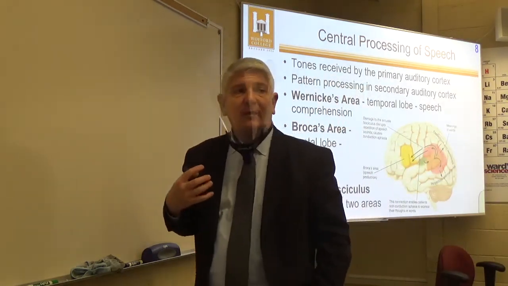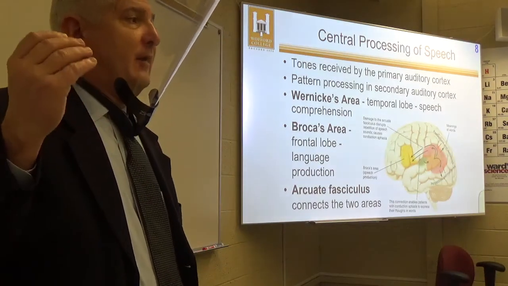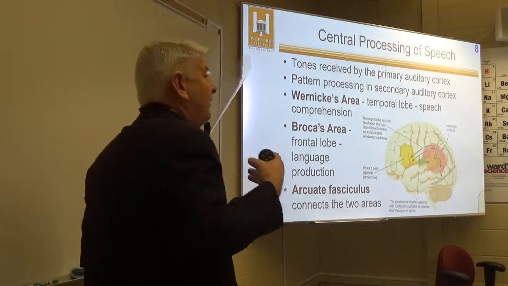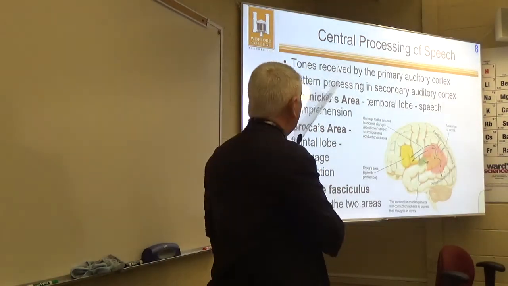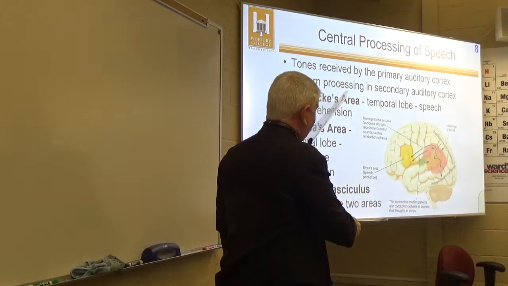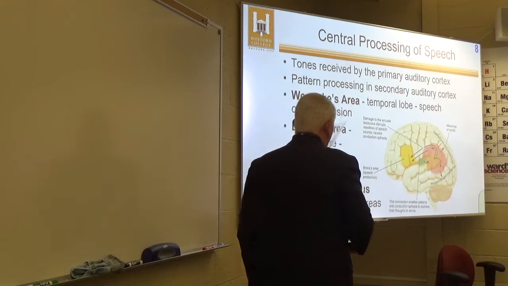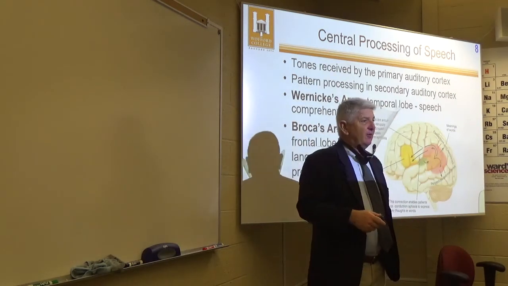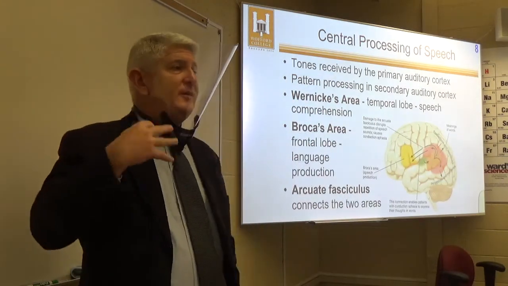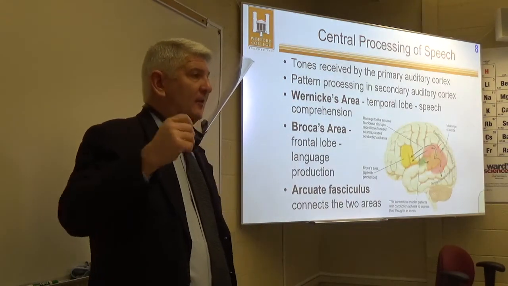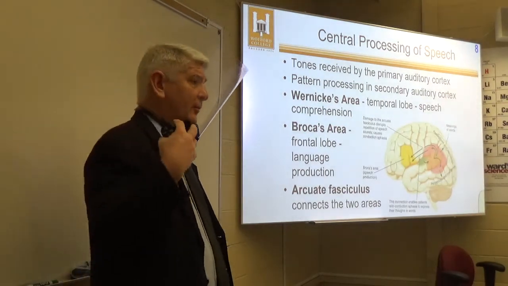And then from there, there's that internal pathway, the arcuate fasciculus, that is passing under the post-central and pre-central gyri, under somatosensory and motor cortex, to Broca's area, which is going to be involved with language production. And so even when you are just listening to language and you're not taking notes, you're not writing, you're not producing language, Broca's area is still functional.